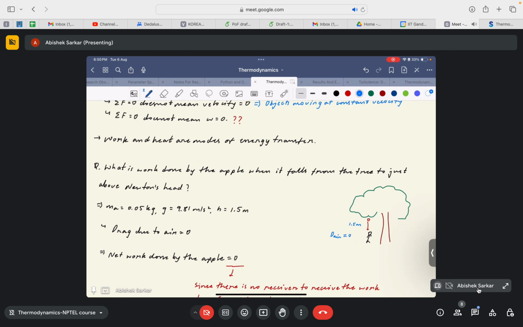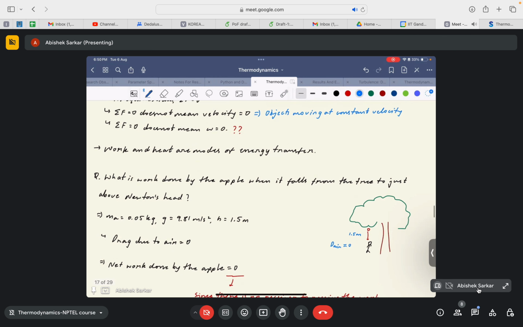Okay, so to verify the statement that I just said, for the work to be realized, there must be a resistance from the surroundings. In this case, since the apple is falling free from any air resistance, the net work done by the apple would be equal to 0, just before reaching Sir Isaac Newton's head.